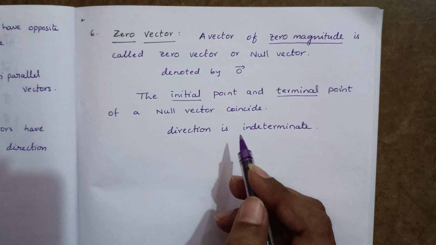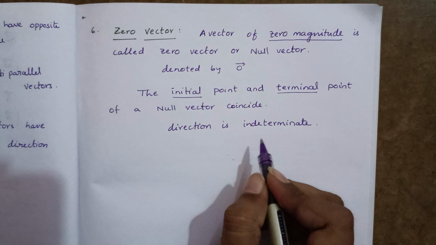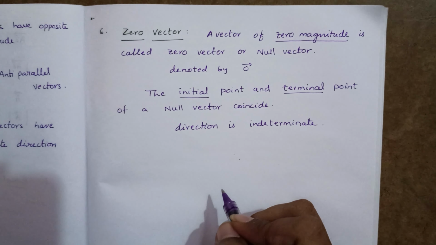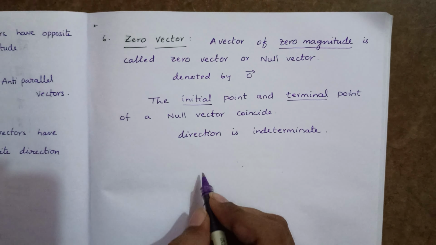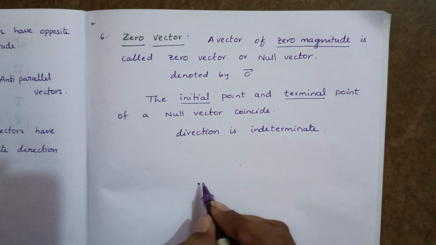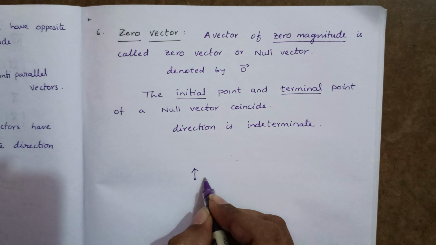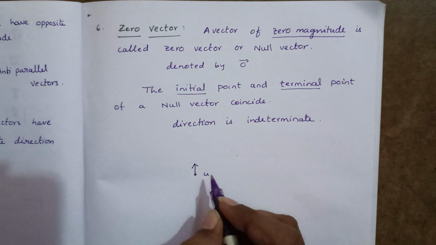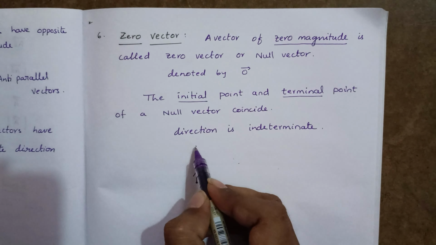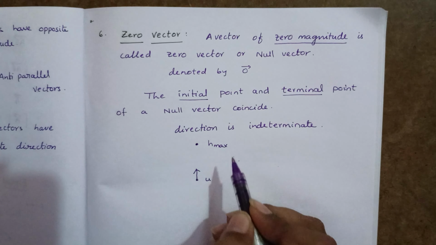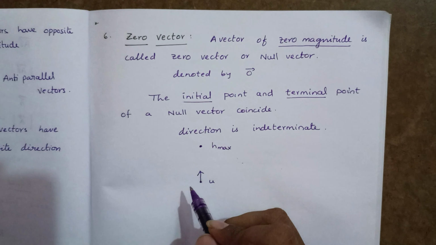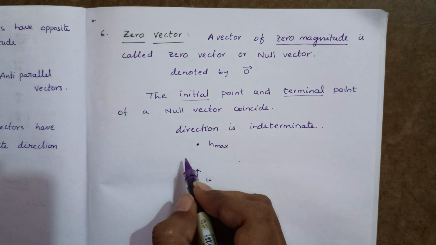Now if you take the velocity of a vertically projected body, initially u. Now at maximum height, what is the velocity?